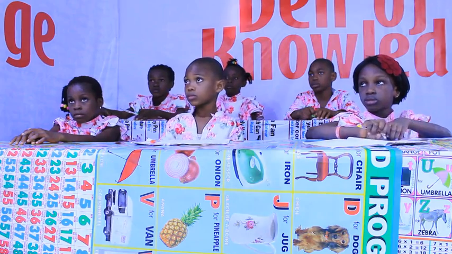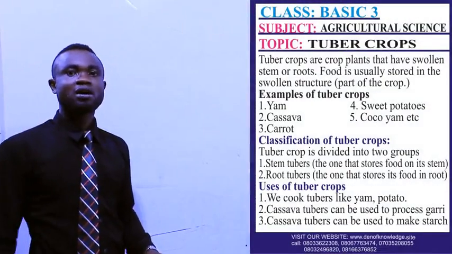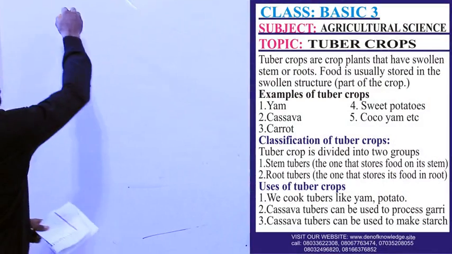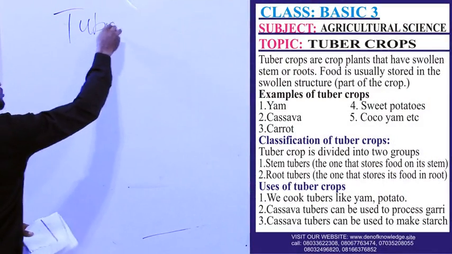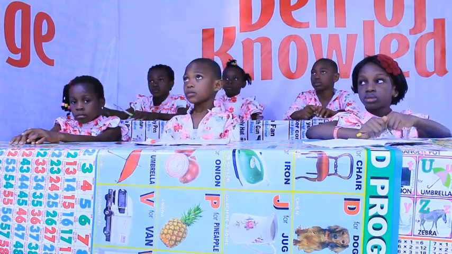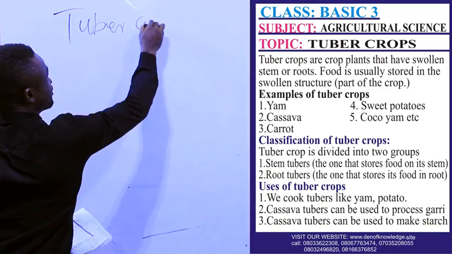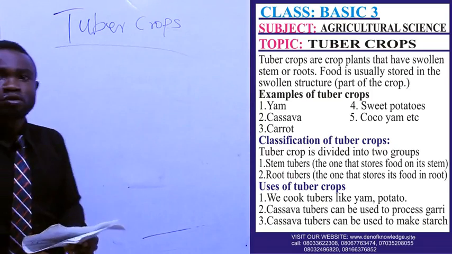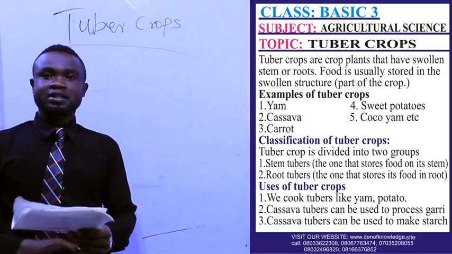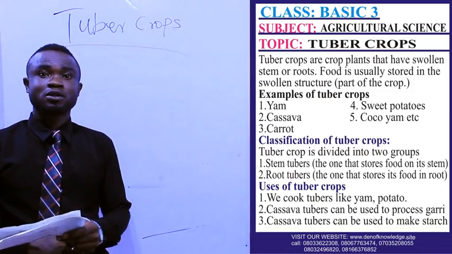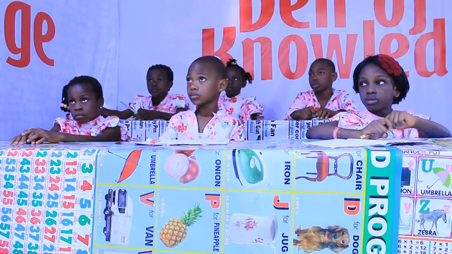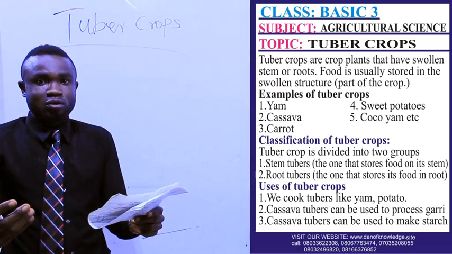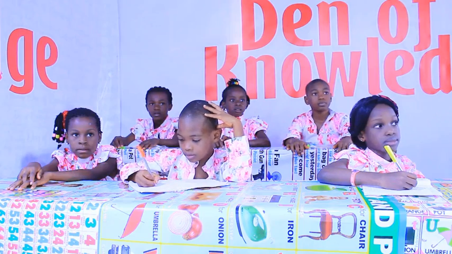Our topic today is tuber crops. Tuber crops are those crop plants that have swollen stem or roots.